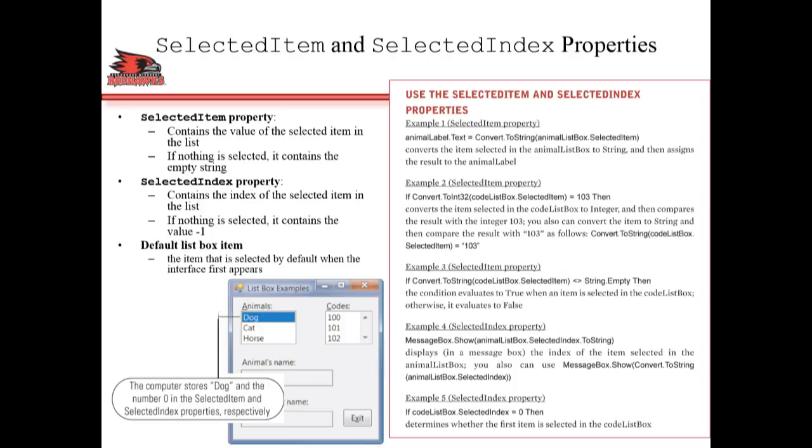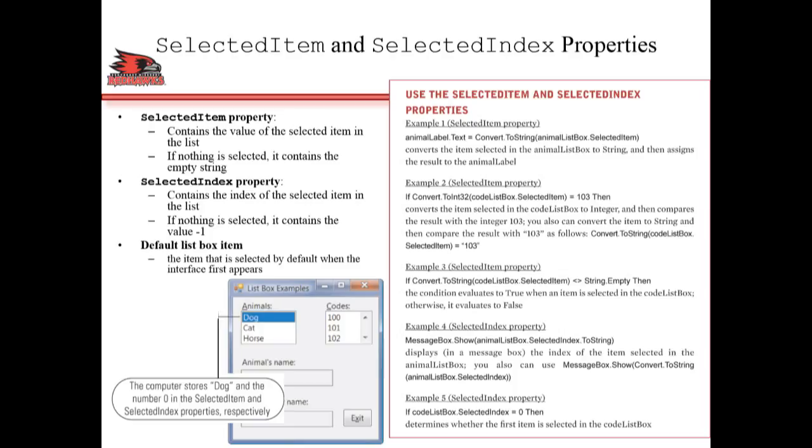If again nothing is selected, it contains -1. Examples of how these properties can be useful are given. The first one gives us whichever item is selected in the animal list box. Let's say the animal list box has dog selected, then we can assign that item value to a label's text, called animal label.